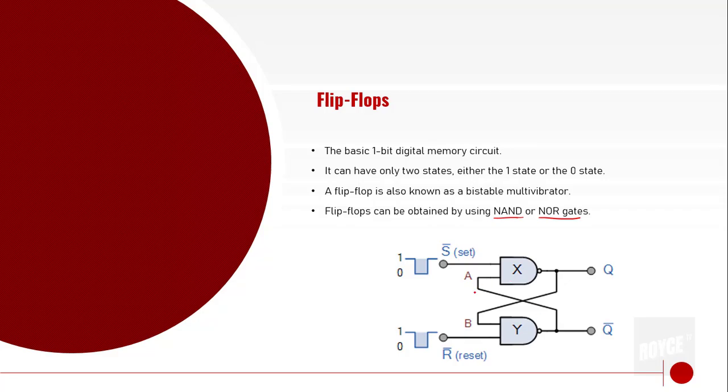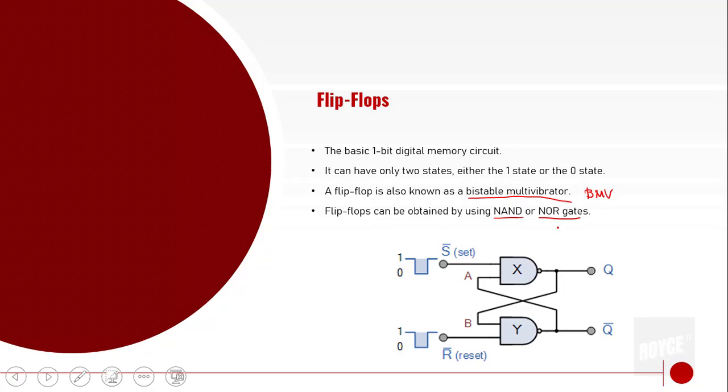Pasok to dun sa definition natin, di ba? Because the output will now depend on the present input dito sa S tsaka R and the past output. Okay? Flip-flops are also called bistable multivibrators, or minsan tawag sa kanya BMV.